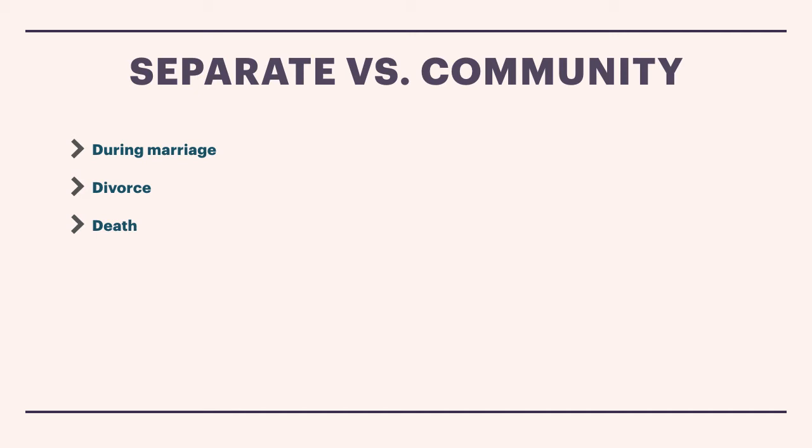Any property acquired before the point of marriage is considered separate property, their own property, even in a community property state. So anything acquired before marriage is each person's separate property.